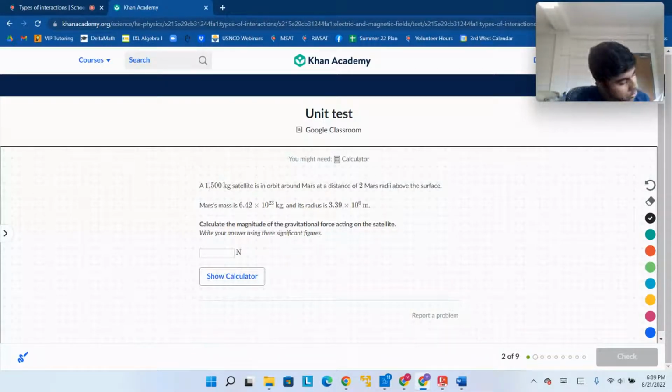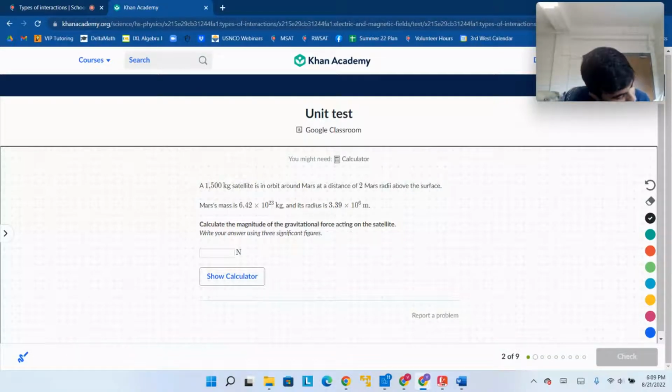Okay? So that's going to be the gravitational force. G, the gravitational constant, is 6.67 times 10 to the negative 11. If you're on a physics exam and you need this number, you don't really have to memorize it because you'll probably have a reference sheet saying what this is.